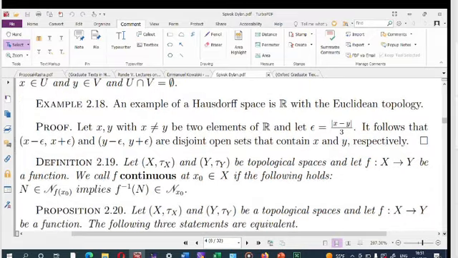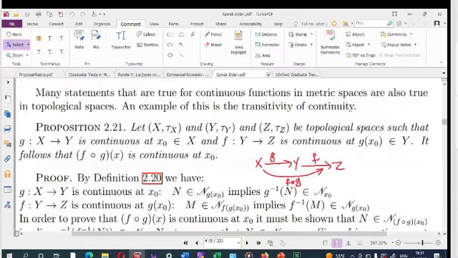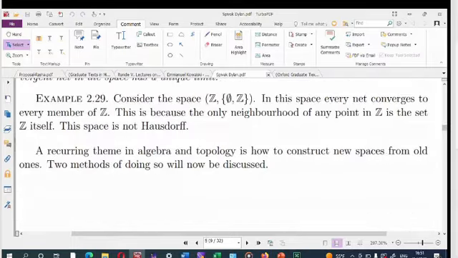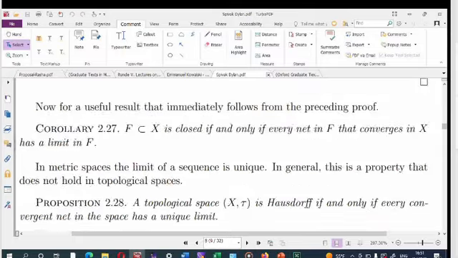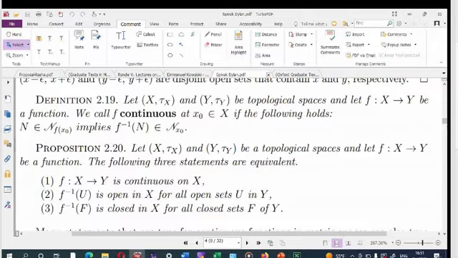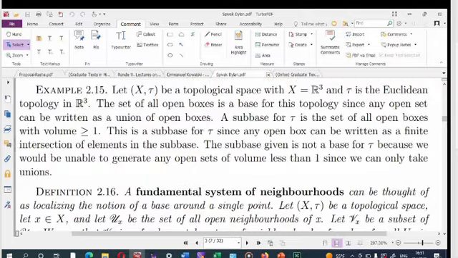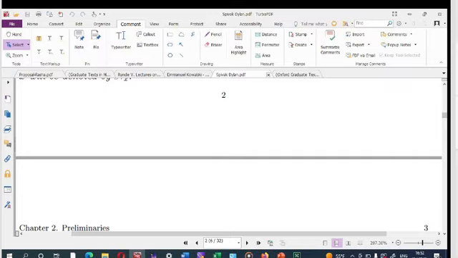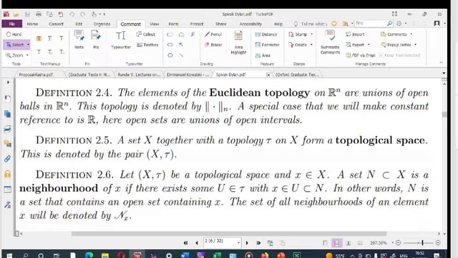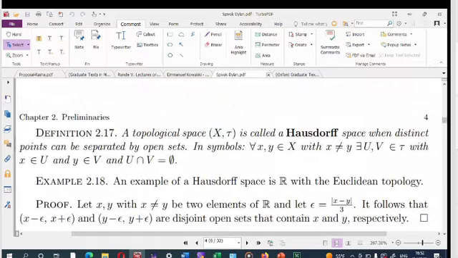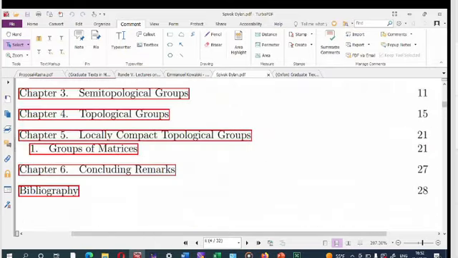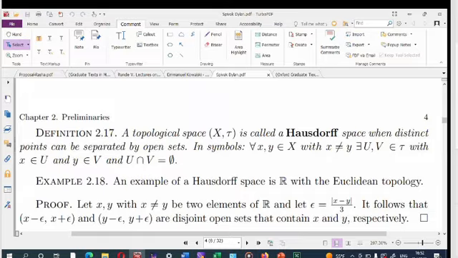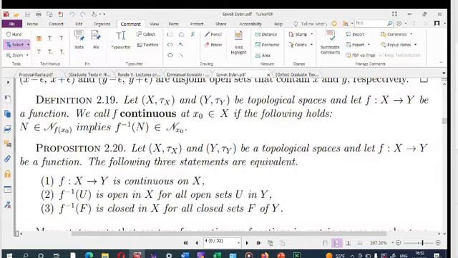And we have the definition of continuous function.